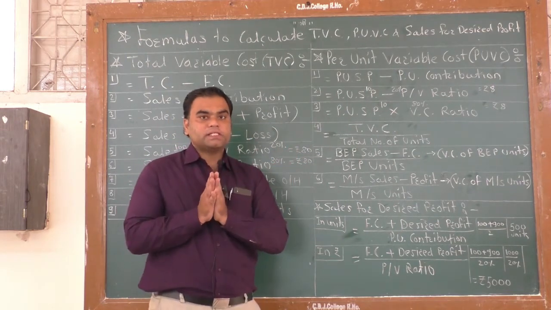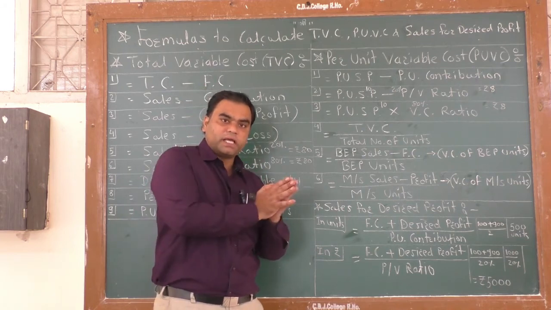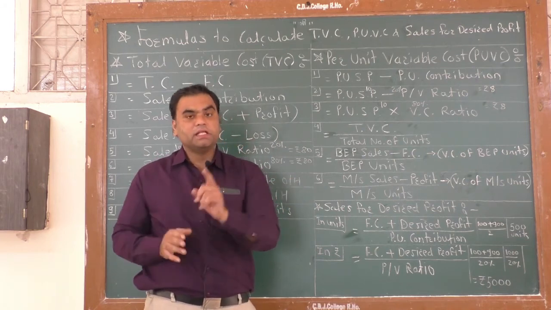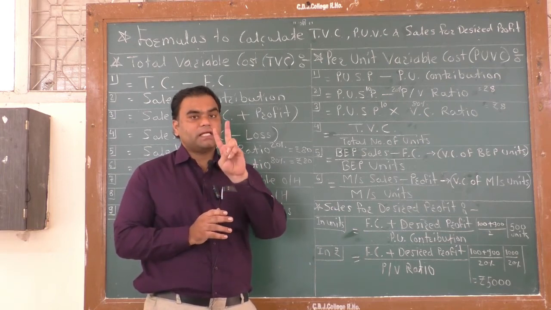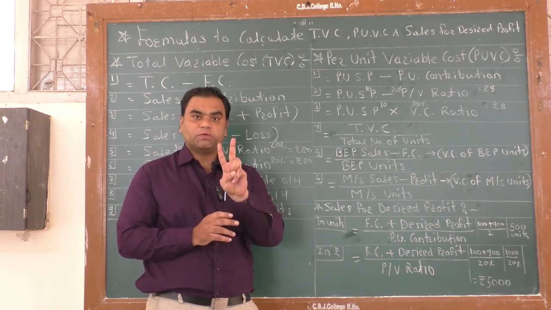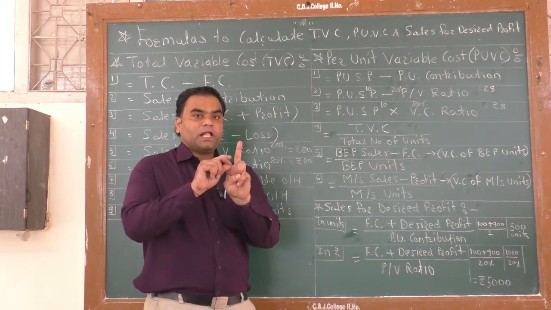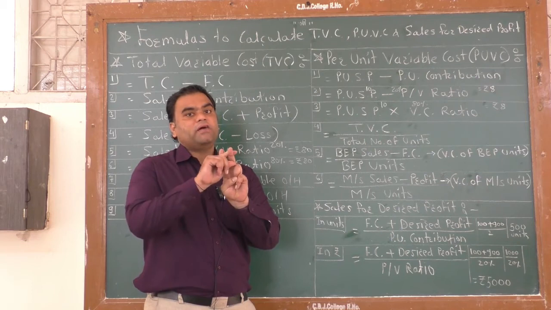While discussing contents of BEP sales and contents of margin of safety sales, we discussed that BEP sales has two contents. Which are these two contents? Variable cost of BEP units and fixed cost.